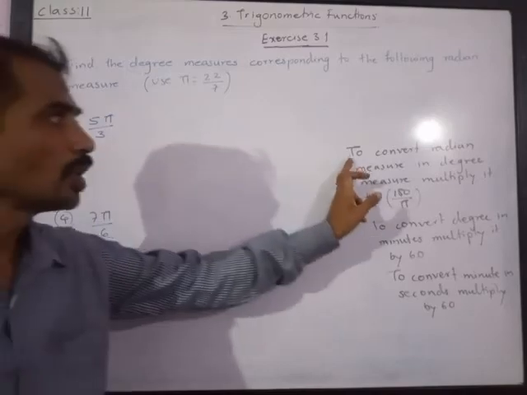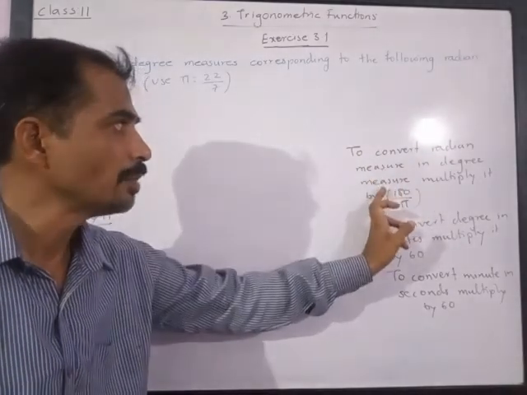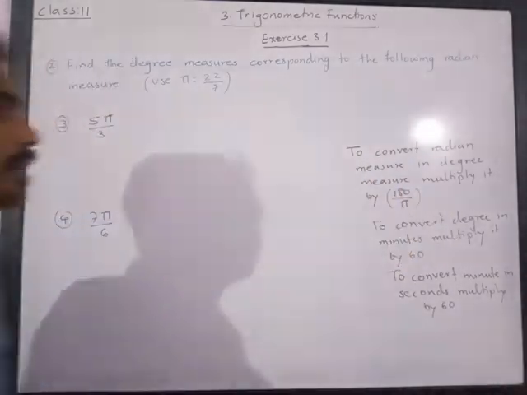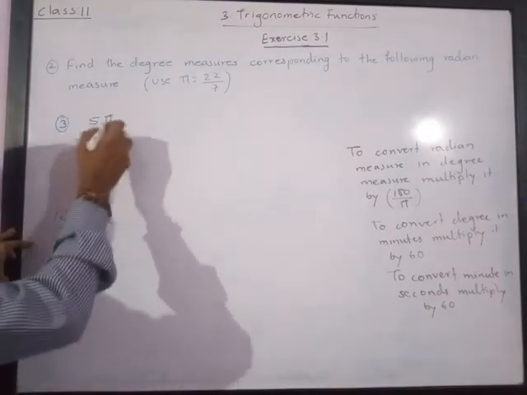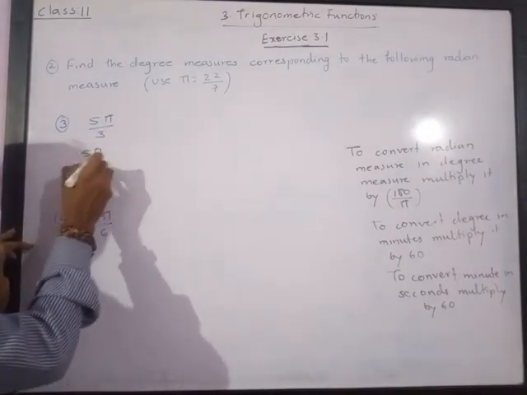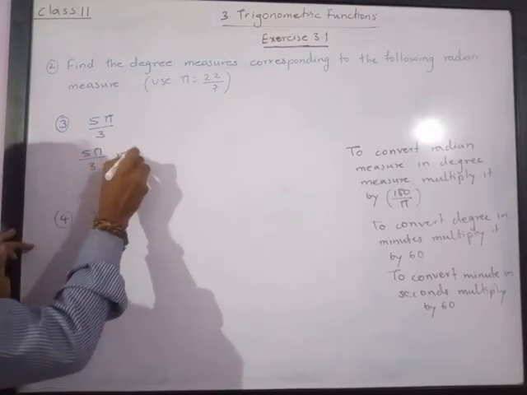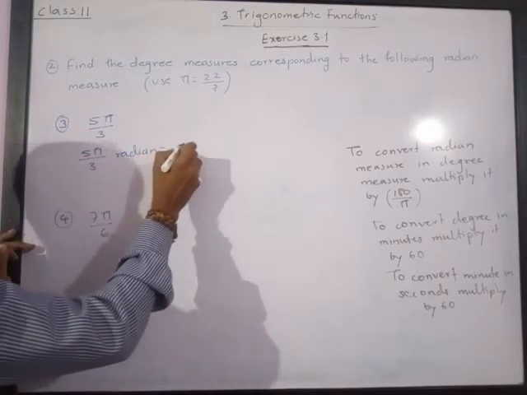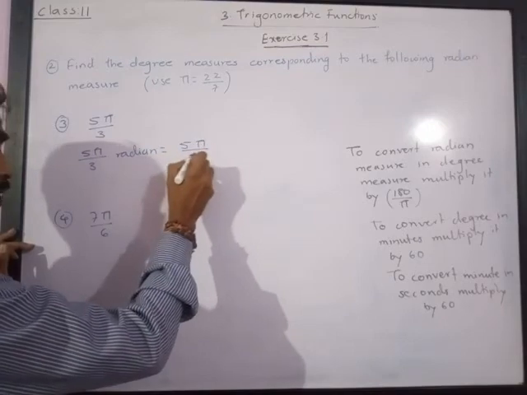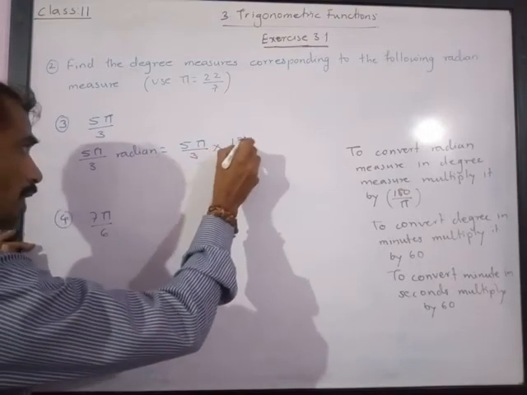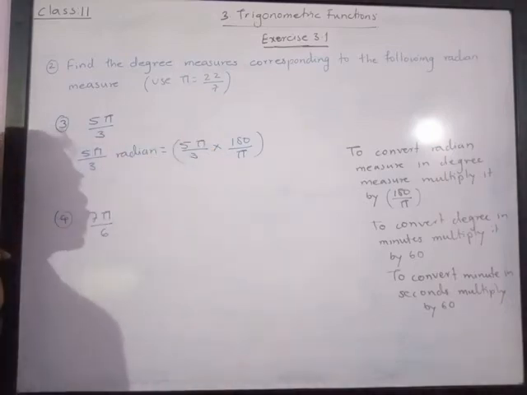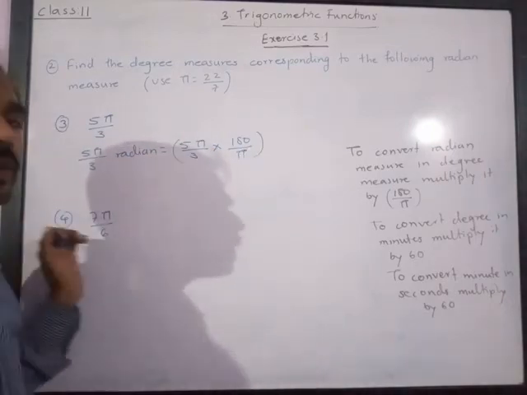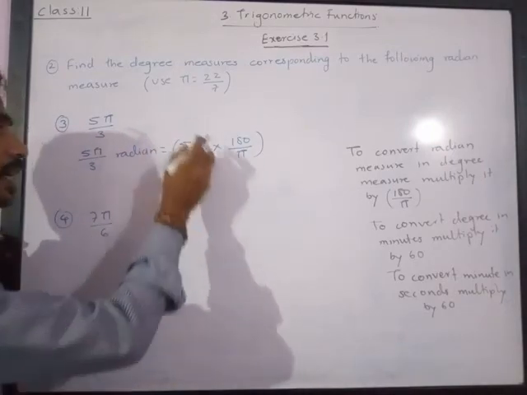Dear friends, the third sub question is 5 pi upon 3. We know to convert radian measure into degree measure, multiply it by 180 upon pi. So 5 pi upon 3 radians is equal to 5 pi upon 3 multiplied by 180 upon pi. Please note here pi is already given in the question, so there is no need to put the value of pi, because it will be reducible.